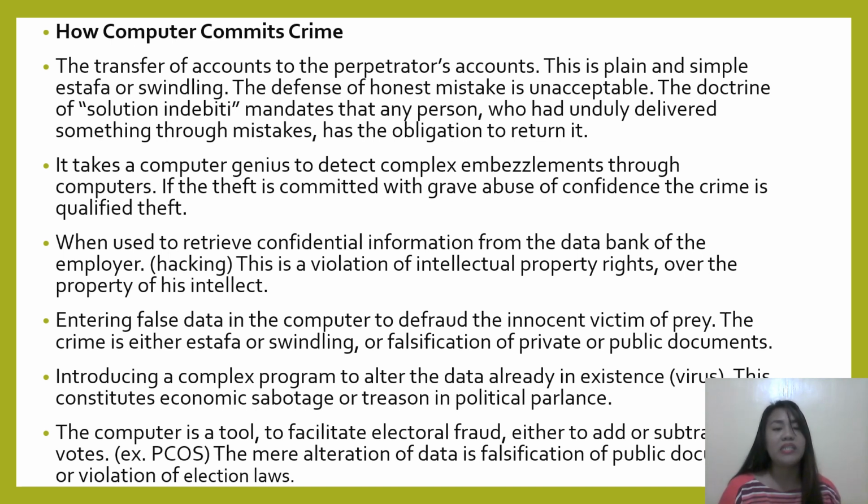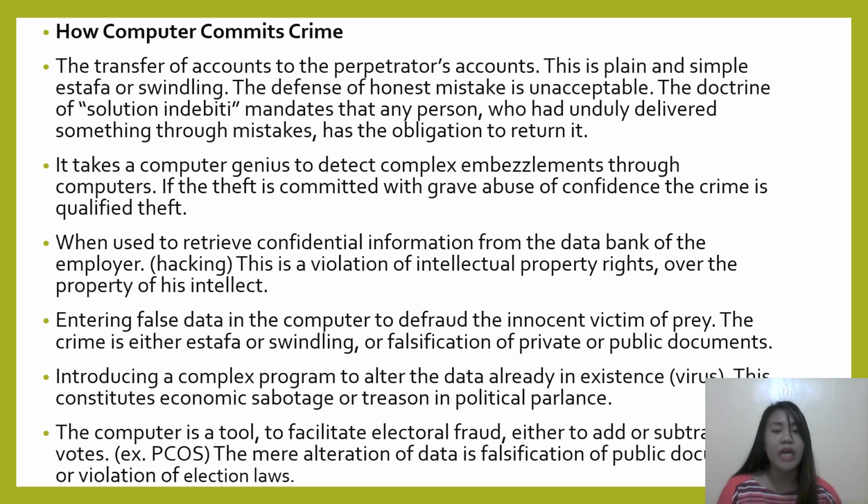Another is entering false data in the computer to defraud the innocent victim or prey. Yan po yung mga hindi makatotohanan na paglalagay ng information doon sa computer or doon sa online or sa social media to defraud, para lokohin po yung ibang tao.